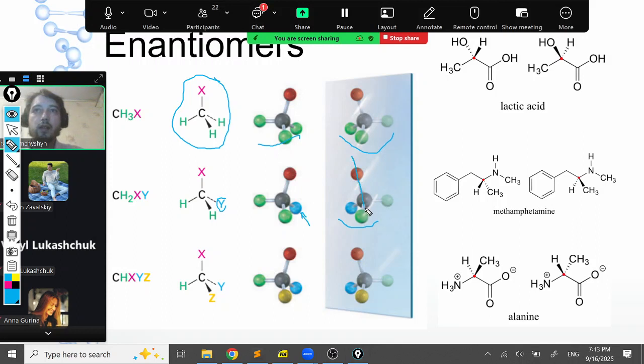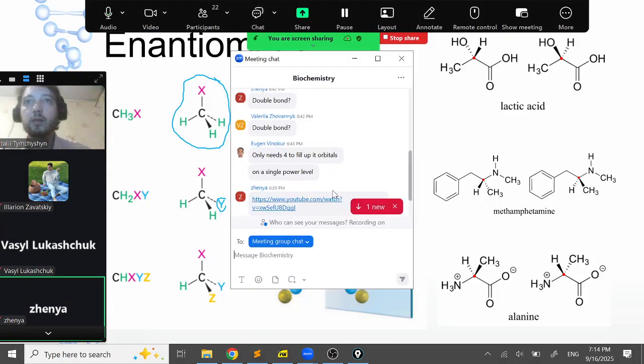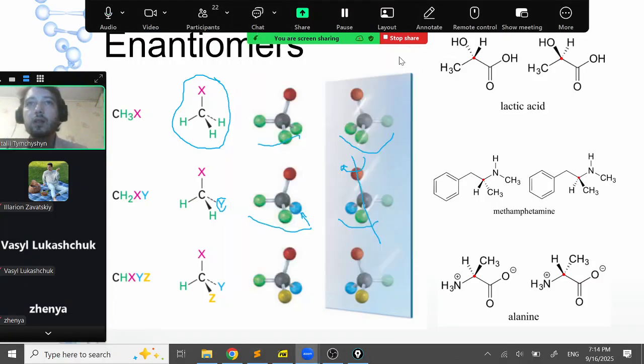If I take this molecule and I rotate it around this bond, can I make it into this? Yes, of course. So this is the same molecule. They are just differently positioned in space.